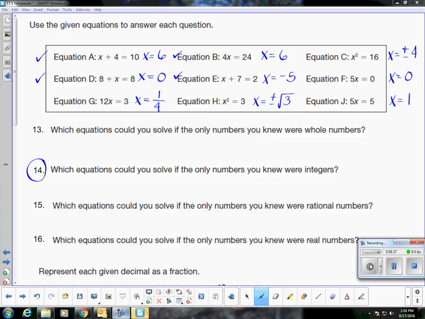Negative 5 is an integer. Negative 4 and positive 4 are both integers. 0 is an integer. 1 is an integer. Sometimes what's helpful is to list the set of integers to give you an idea of what numbers are included.